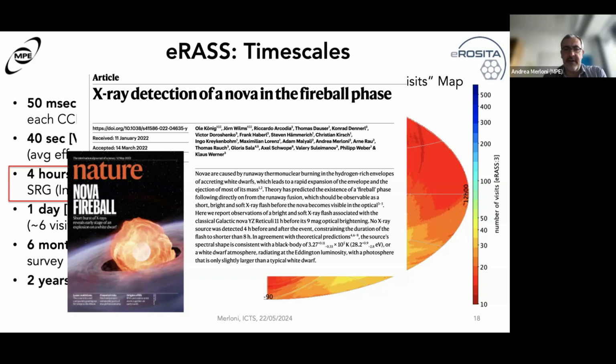So we could constrain very accurately the timing within 8 hours of the explosion. And this turned out to be the early phases of a bright nova, visible to the naked eye, that optical telescopes found only after the X-ray discovery by eROSITA. And so with eROSITA, we are able to put some constraint on the black body temperature of this expanding fireball, and so also confirm some of the nova theory that would predict this X-ray flash that was never observed before.